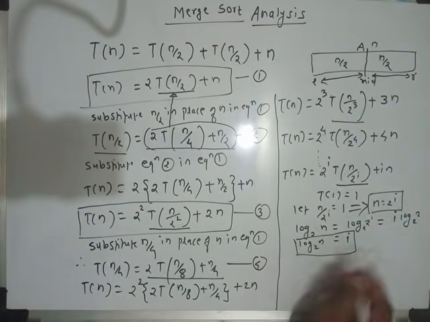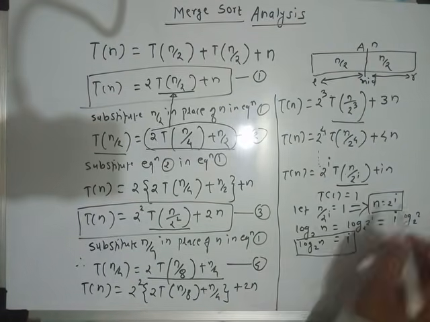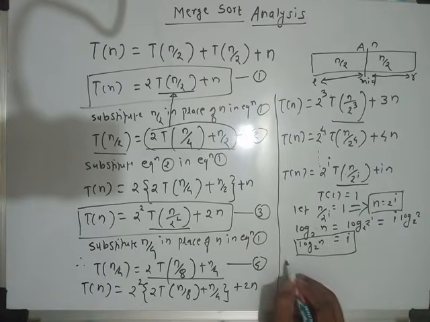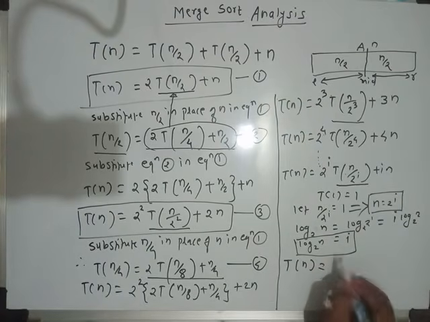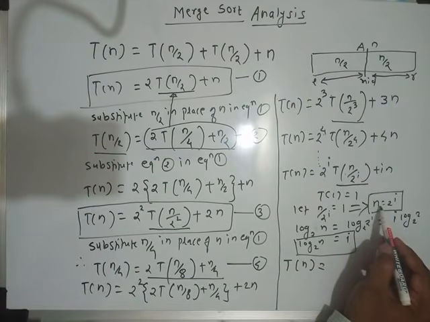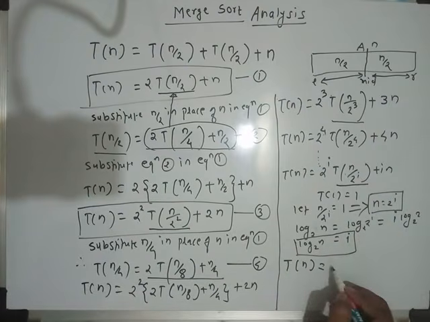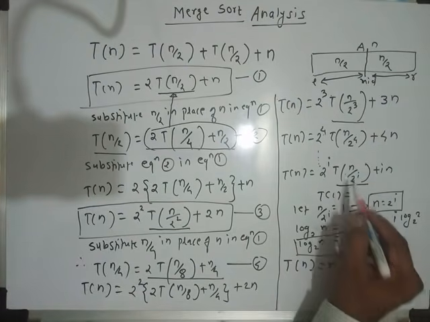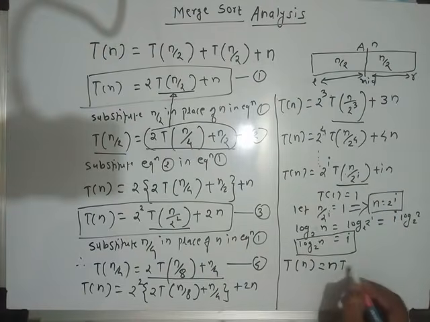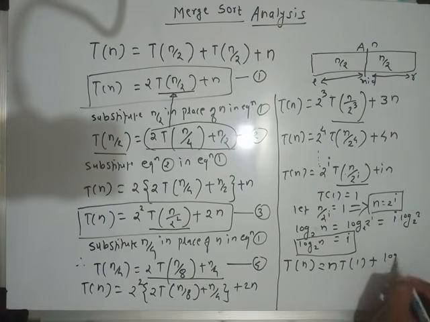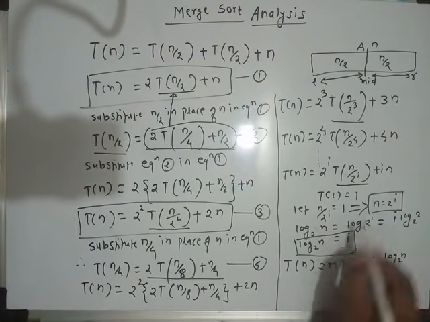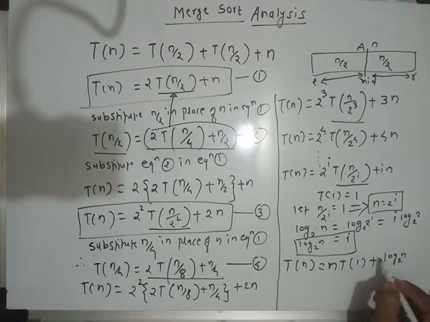So now if I substitute back these two values in this equation, t of n is equal to 2 raised to i, we have the answer to this 2 raised to i here, and t of this term has become 1. We have assumed n upon 2 raised to i is equal to 1, plus i is log n to the base 2, and this n I'll write here.